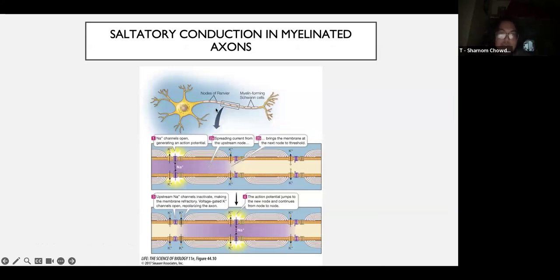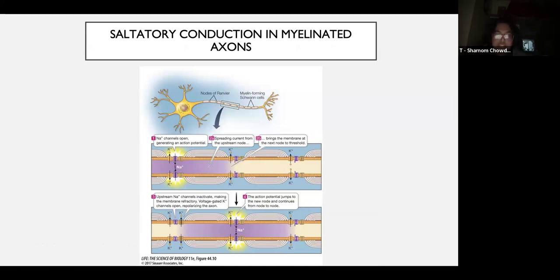And saltatory conduction in myelinated cells, this is what we were talking about. Let's say this is point A, sodium channels open, you have an action potential here. The myelinated Schwann cells help spread the current so that this node already starts to reach threshold. Now that the second node already starts to reach threshold, it's much easier for it to reach an action potential.